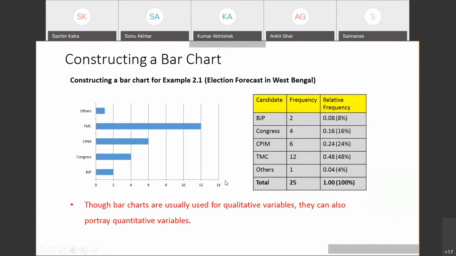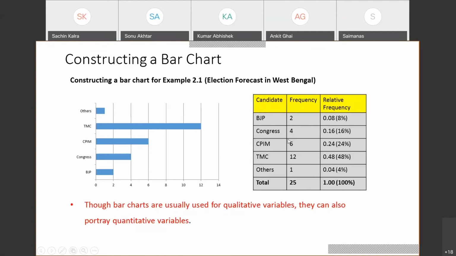Bar charts are usually for qualitative variables, which are categorical or nominal, or I would say ordinal variables, but they can also portray quantitative variables. Now, we can compare, okay, TMC is going to get 12 seats, CPM is going to get 6 seats, Congress 4, BJP 2. Now, we can compare these categories on a quantifiable scale.